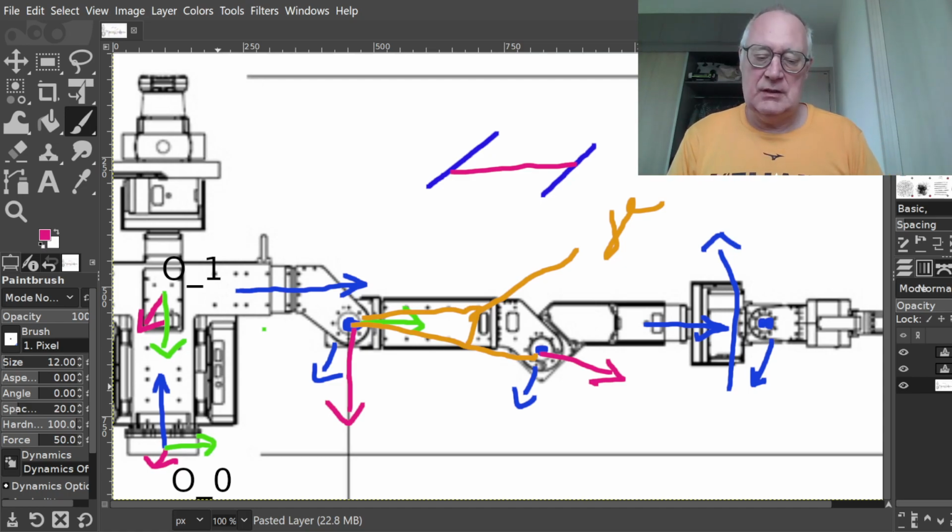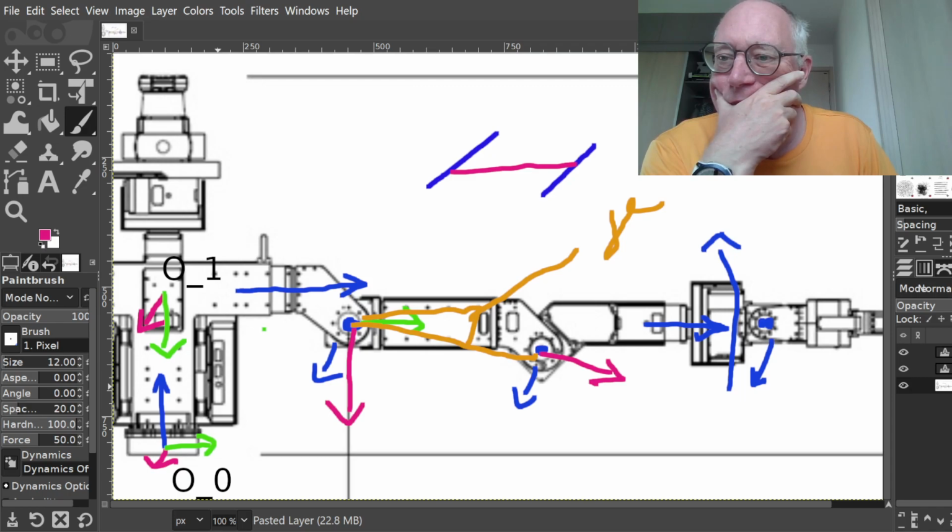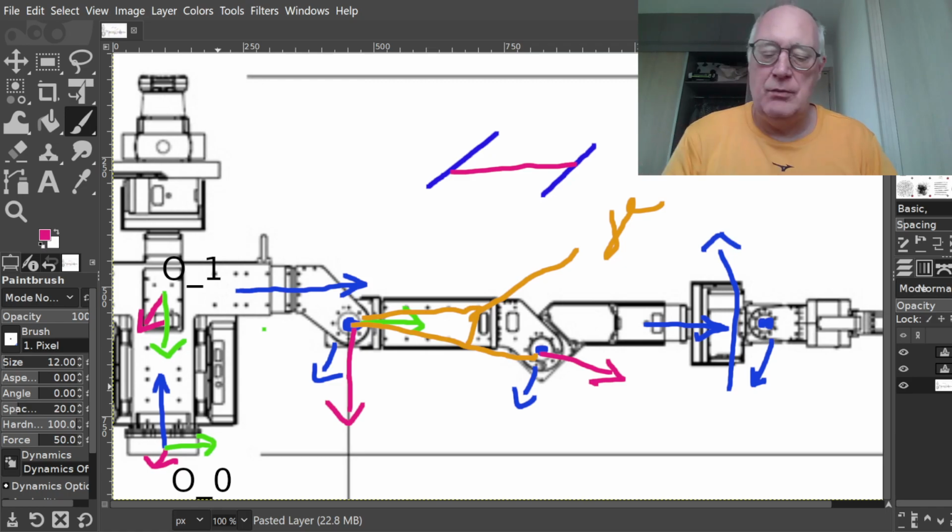Actually, let's see what delta x... Now I was worried about that, because of the 4:3 aspect ratio. It should be y, not x here.